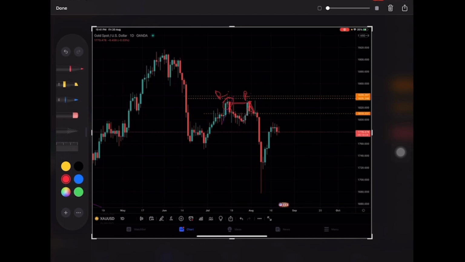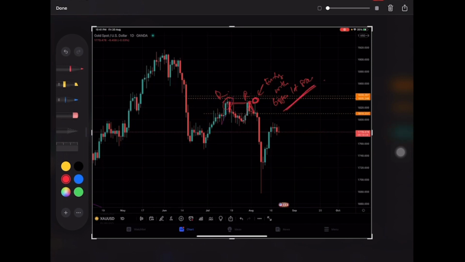What we are going to do when there's a confirmation of a double top, like Uncle said, when there's a rejection, you wait for the price to come back for you to enter. As you can see, the price comes back and you enter with a bigger lot size.